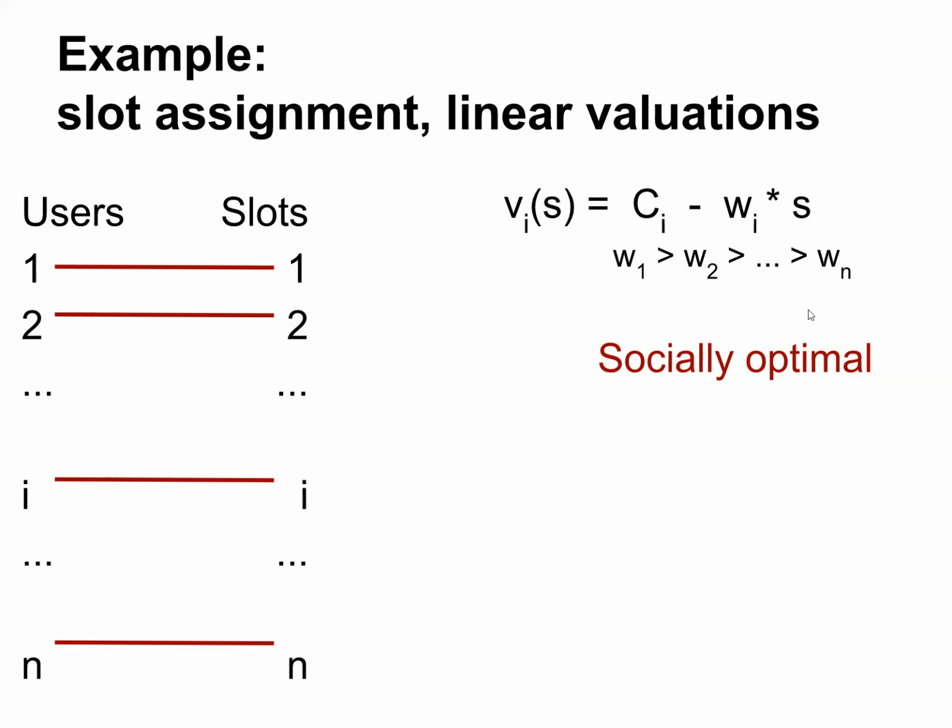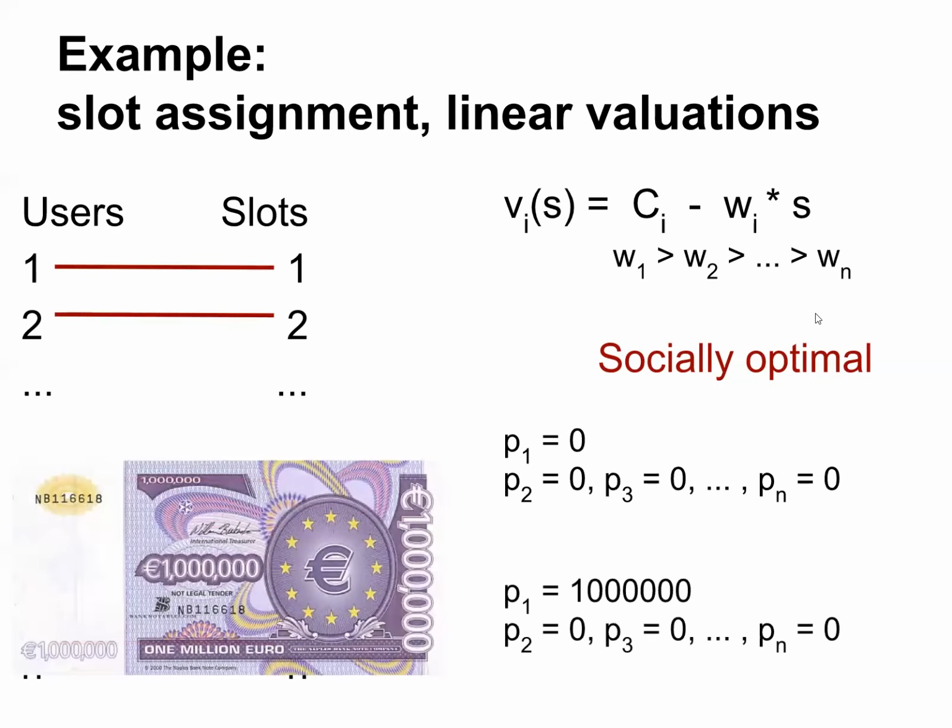So you can say that, well, let's not charge anything from any of the users. Well, then we are back to mechanisms without money, and we know the users will have the incentive to lie, to misrepresent their utilities. Everybody will try to become the user number one. We may hedge against that and say, well, okay, the user number one will have to pay a lot, 1 million euros for the first slot. Well, okay, so now we solved one problem.